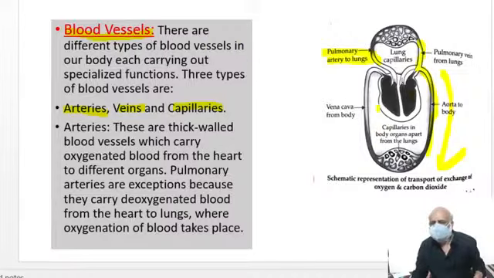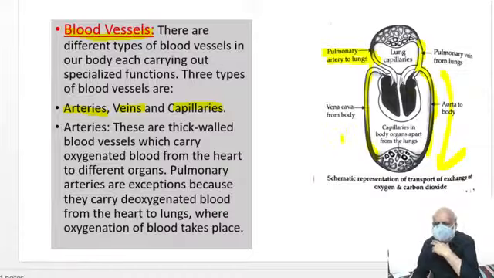Another vessel is vena cava, veins, which collect blood from other organs and carry deoxygenated blood. Vena cava also has valve which is unidirectional.